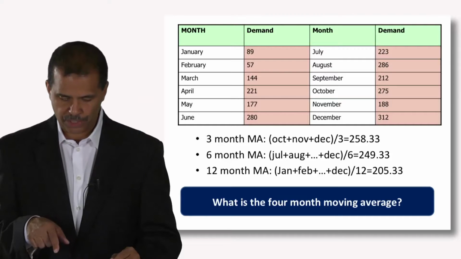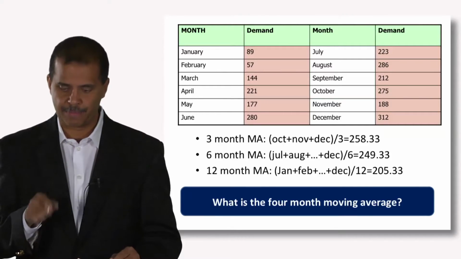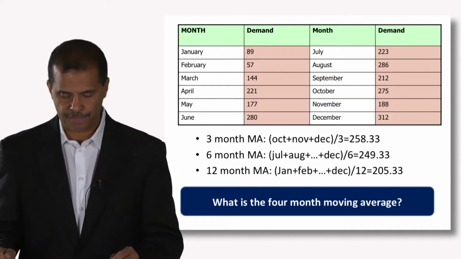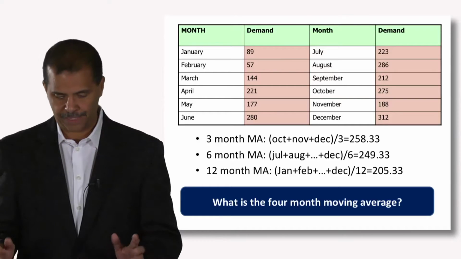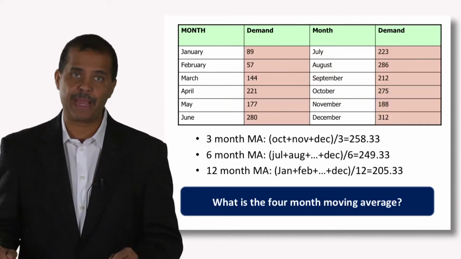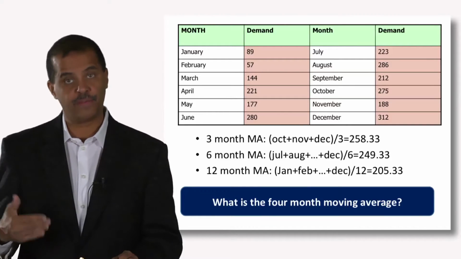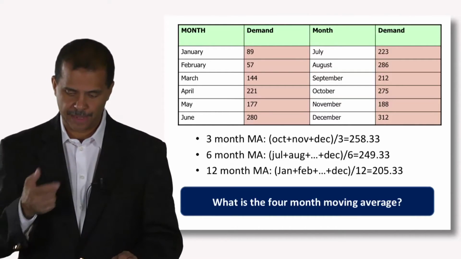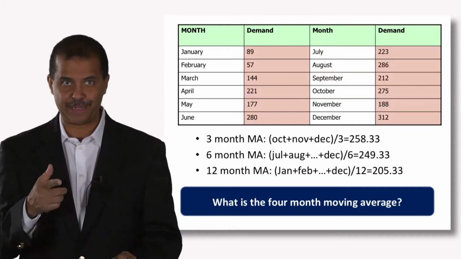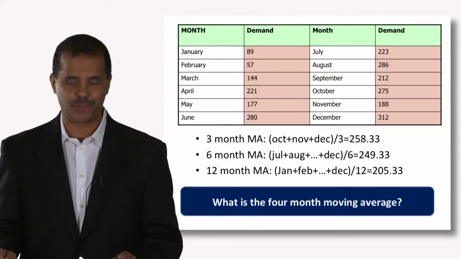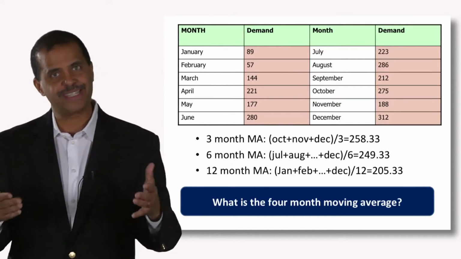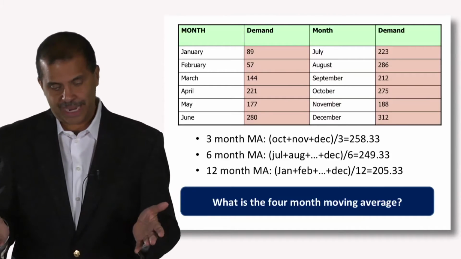We look at demand in October, which is 275, November, 188, and December, 312. You add those up and divide by 3. The math should work. Check it out, and if it doesn't, email me at martym@depaul.edu.